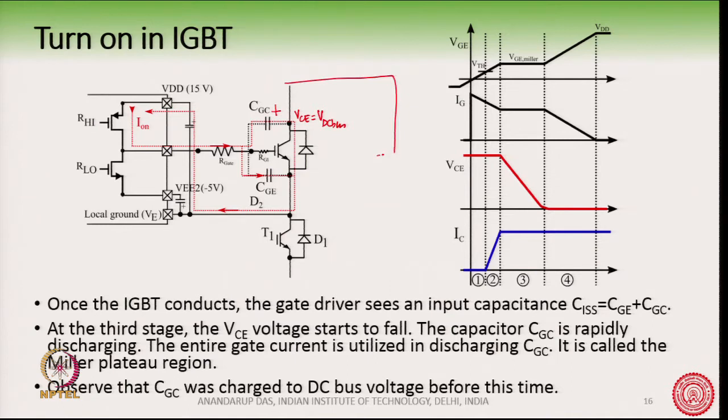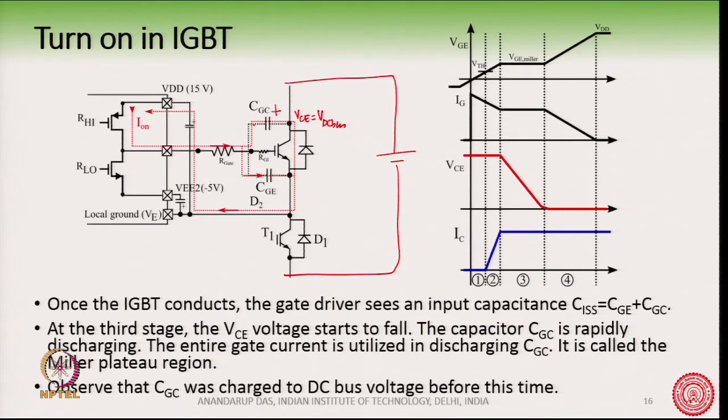If this is the DC bus voltage, this point's potential was equal to the DC bus voltage, whereas this point's potential was somewhere here, which is maybe around 8, 9, 10 volts, something like that, whereas if the DC bus is say 600 volts, then this point's potential is 600 volts, right.